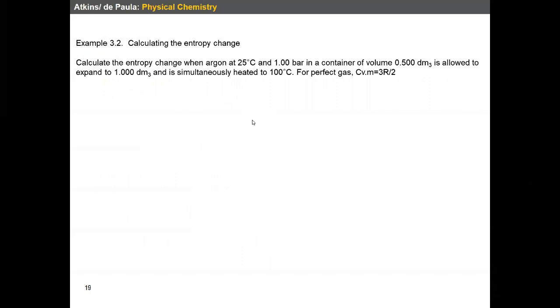Okay, so let's solve an example for this kind of specific case.